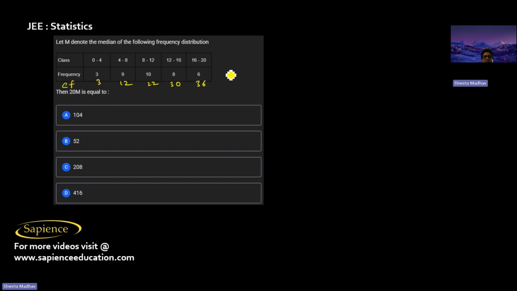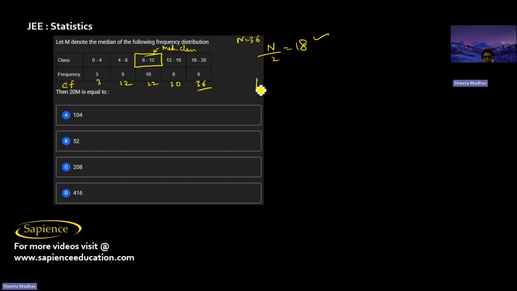So therefore now the median class: n by 2, n is 36, the sum of all the frequencies. Now n by 2 is 18. So the class which is having cumulative frequency just more than n by 2, that is 18, is this third class. So this is the median class.